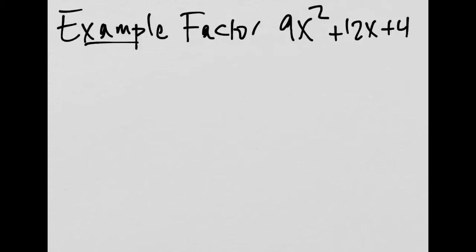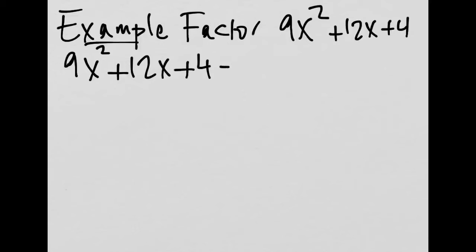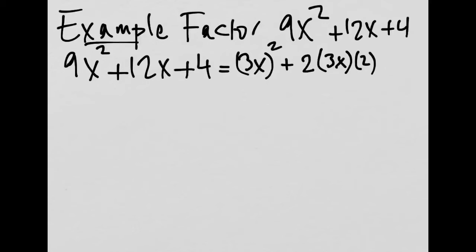However, if you look at it closely, notice that we can rewrite 9x squared plus 12x plus 4 as 3x quantity squared plus 2 times 3x times 2. 2 times 3 is 6, times 2 is 12, times x, that's 12x. And 4 we can rewrite as 2 squared.